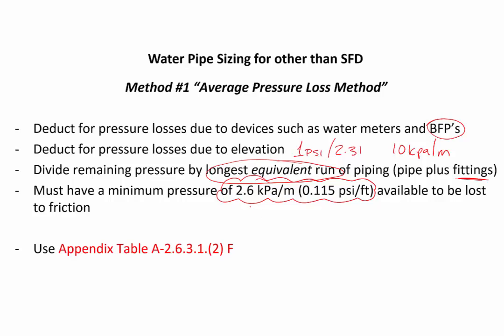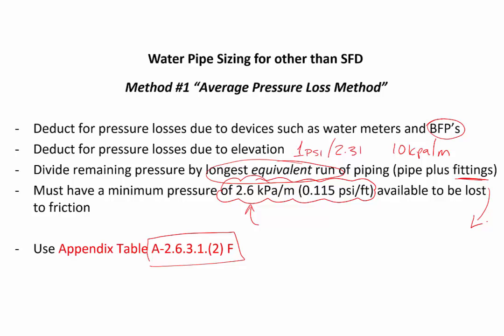What this is trying to account for here is the available pipe friction for the system. And if we can meet all these criteria, then we're going to be able to use the table A26312F in the appendix. So this table here is what we'll use to size the distribution system for the average pressure loss method.